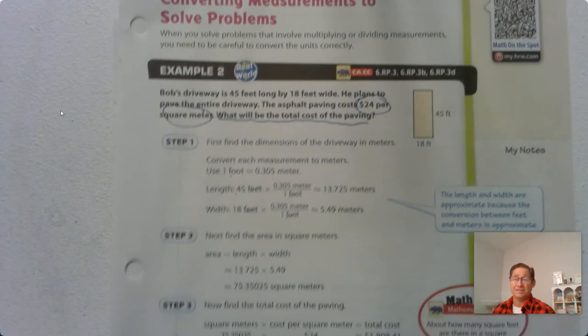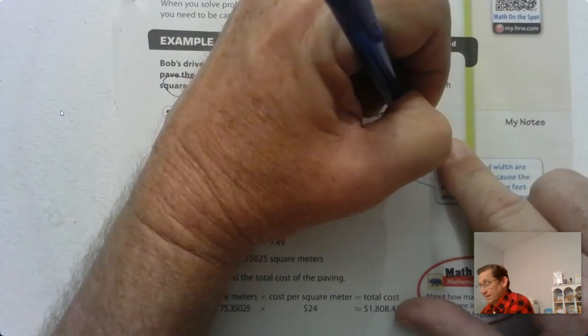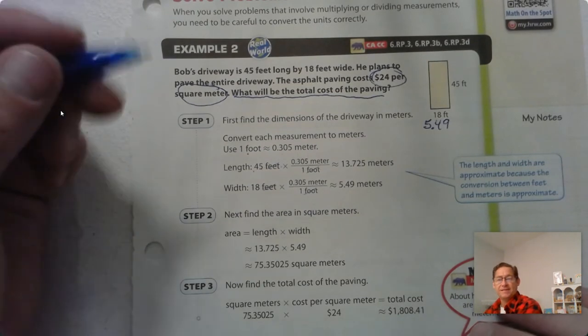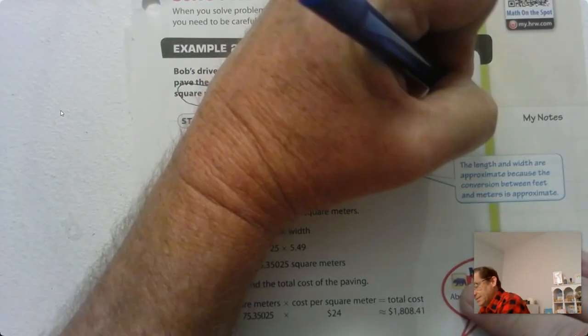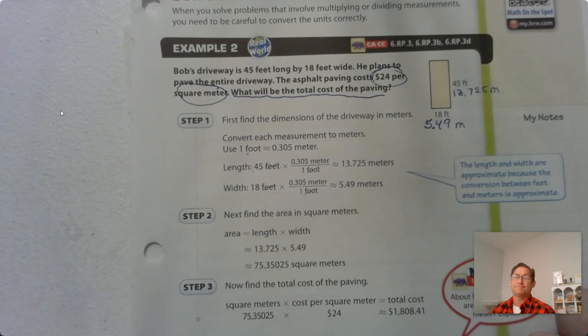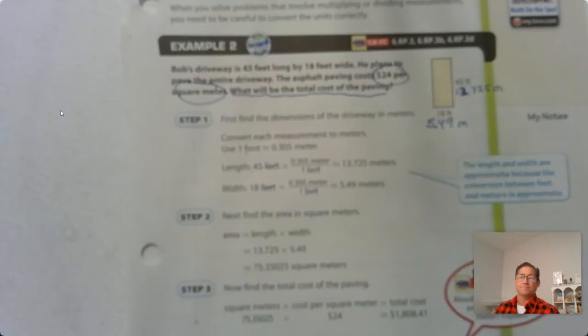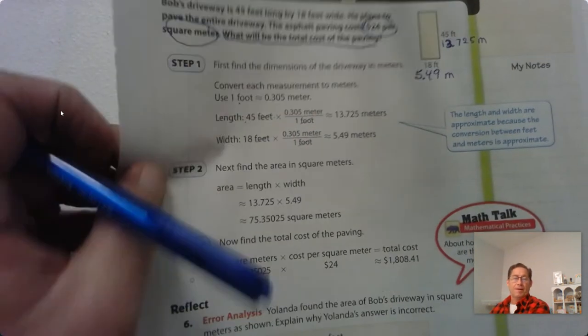And now we actually have to multiply that together. Okay, so what we're saying is instead of 18 feet, we're going to use 5.49 meters. And instead of 45 feet, we're going to use 13.725 meters. All right.